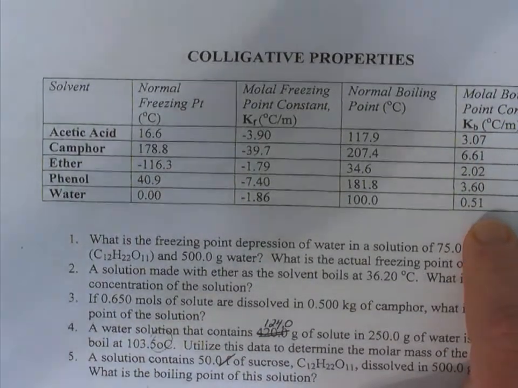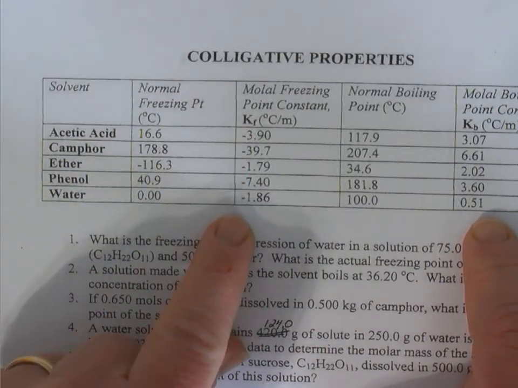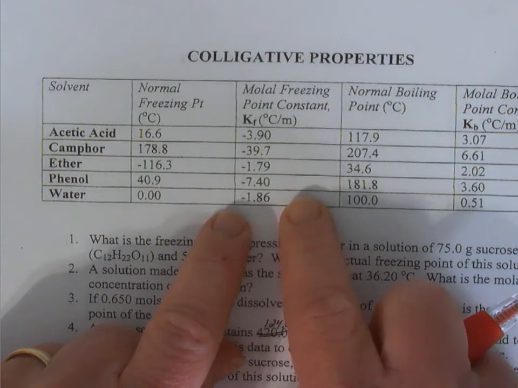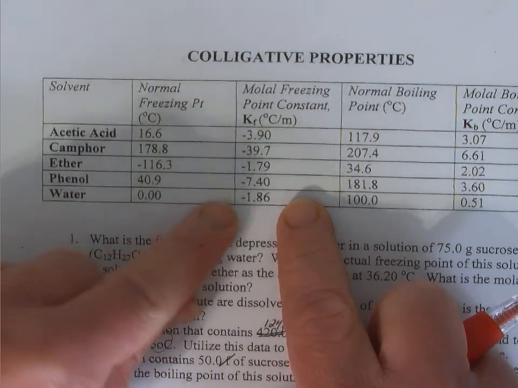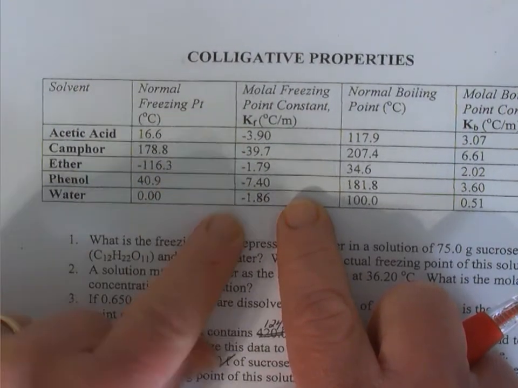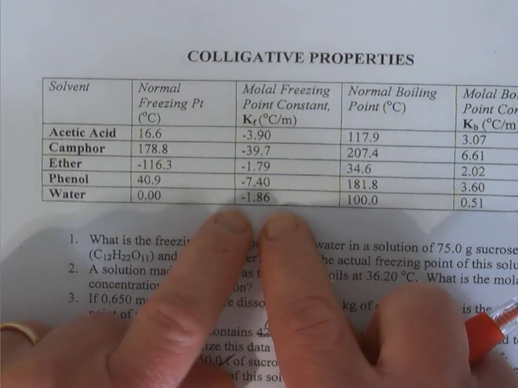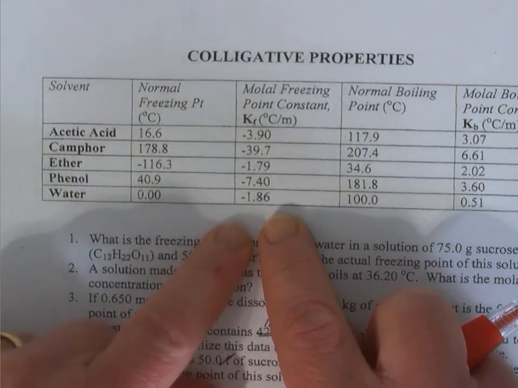Okay, notice the K_f values are negative. Well, remember, a solution has a lower freezing point than the normal solvent. Now, K_f values aren't always given as negative values. They can be. That just helps keep us straight when we're problem solving. But you may have to actually apply a sign change.